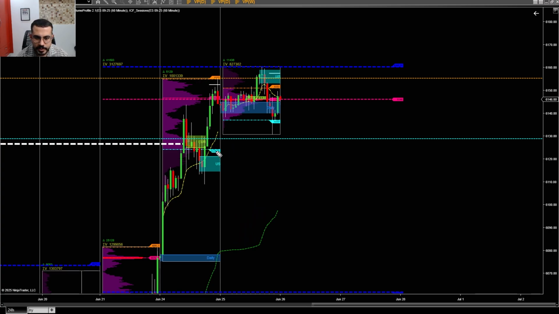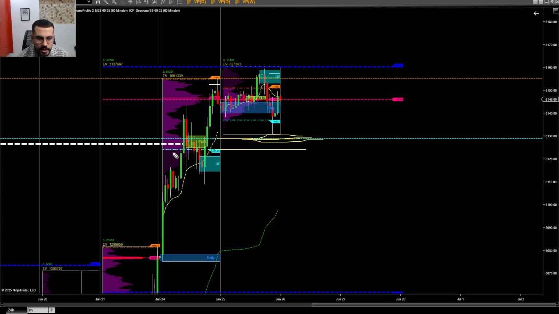Let me show you. This is value area low. It's based on volume. I'll probably make a video of it later. So if you're not familiar with trading based on volume, you might not know what this is.